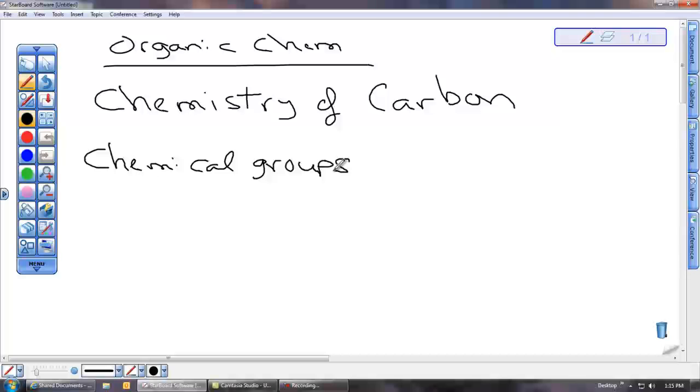And those chemical groups are what give it the reactivity, what determine the rules for naming, things like solubility in water, all from chemical groups.